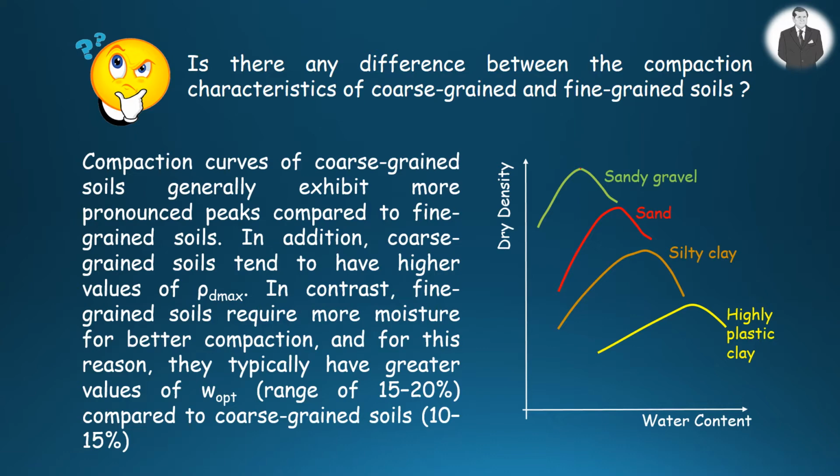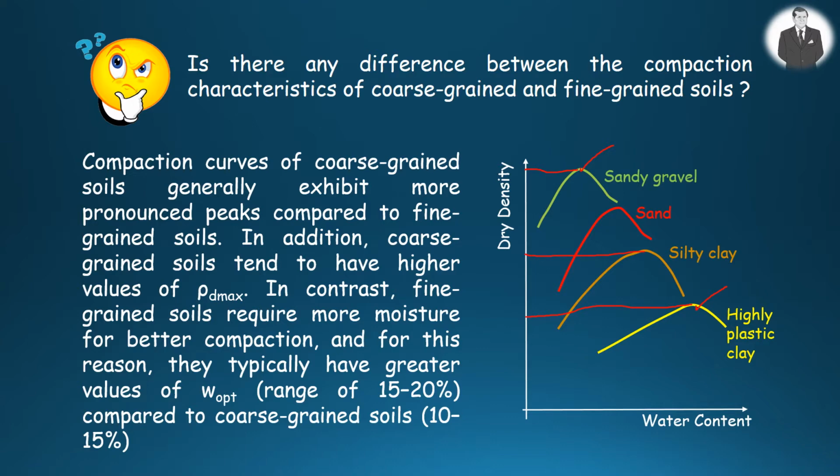The green curve is for sandy gravel and the yellow one is for highly plastic clay. Additionally, the dry densities of coarse-grained soils are higher than those of fine-grained ones.